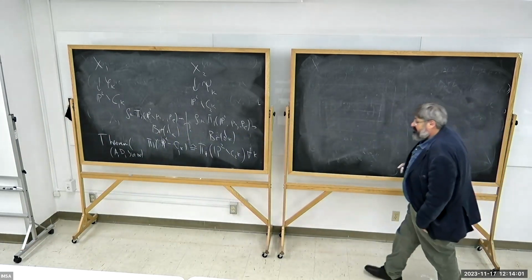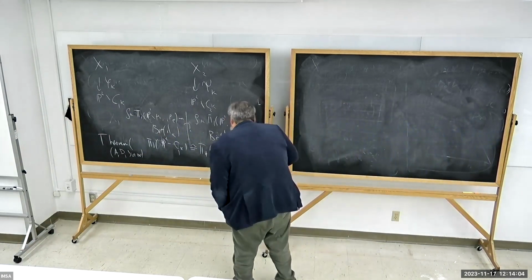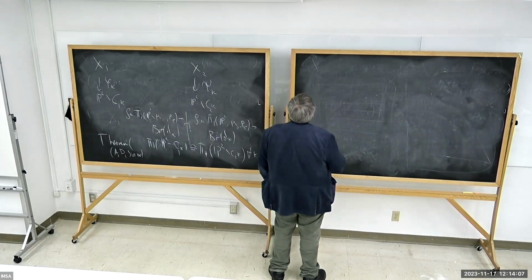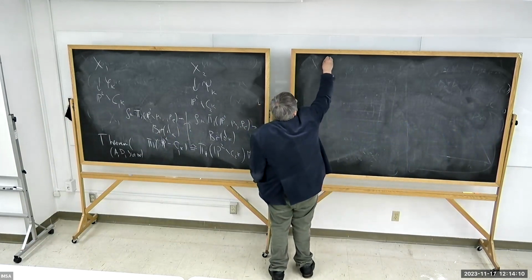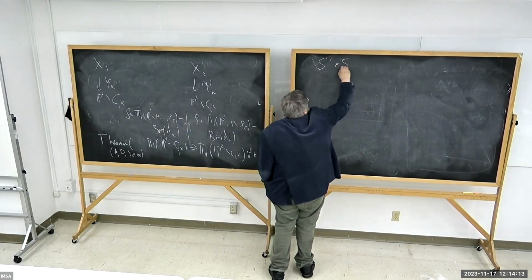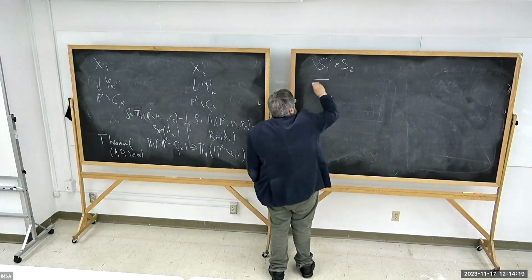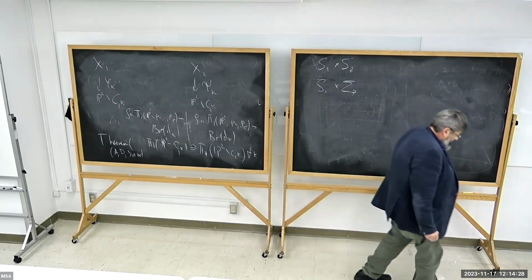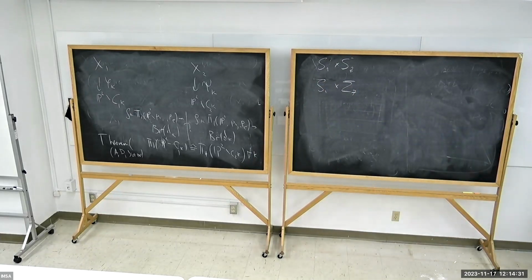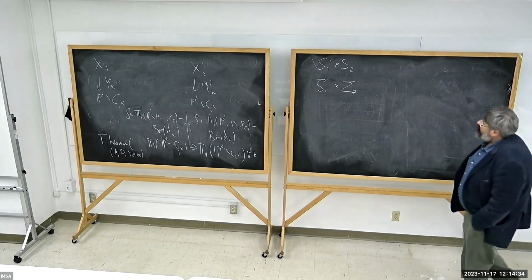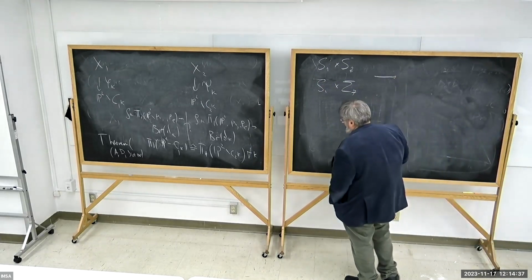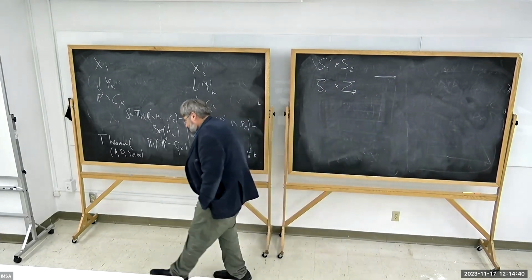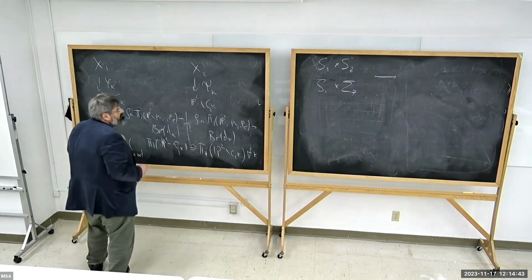In any case, let's see what we learned from Lino and Leonardo from this perspective. They were considering S1 cross S7 or S1 cross sigma 7, so these were the Milnor exotic spheres, and all these manifolds have a rather interesting structure.